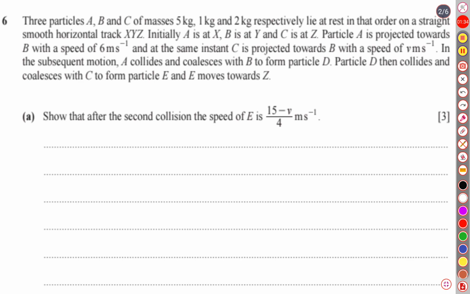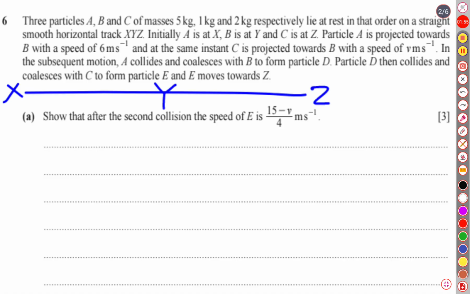So what is the scenario? Actually, we can write here, first, suppose this is a straight horizontal line. X may be over here, Y is at this stage, and Z is at this stage.